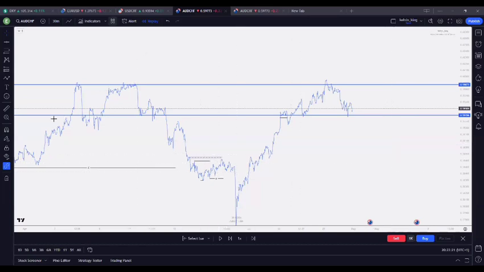Now, using line charts, you can see that this zone, we can call this a very good support zone, because it was acting as a resistance around this zone. Then price flipped it, support bounced here, then held again, broke below, it acted as a resistance, then from here bounced off the zone again.